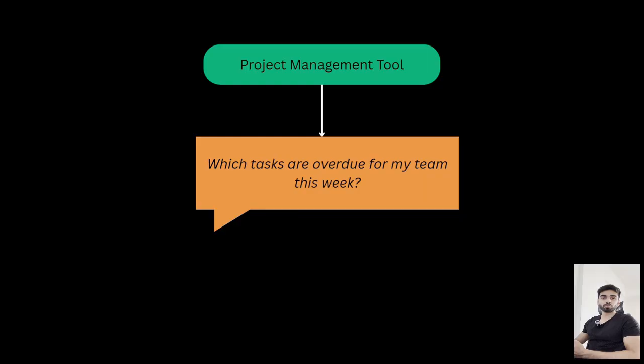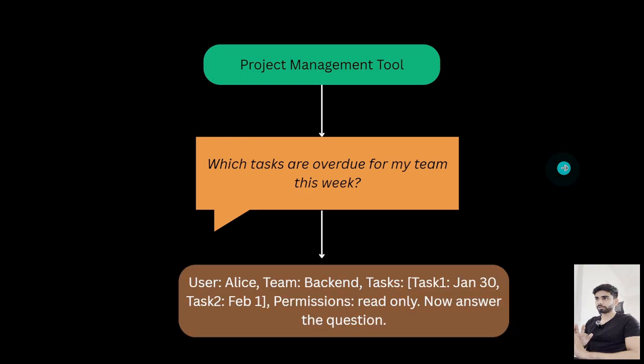For this, the AI needs to know who the user is, which team they belong to, the deadlines of all the tasks, and which tasks they are allowed to see. So what we did was grab all that info in code and dump it into the prompt. The prompt looked like: Alice, team backend, list of tasks, permission is read only, and now answer the question. It works for one question.